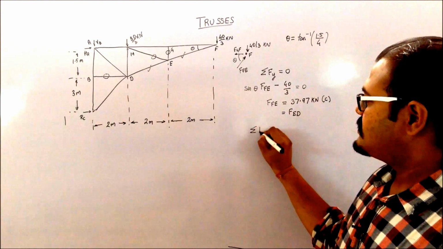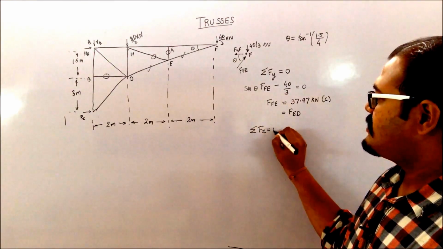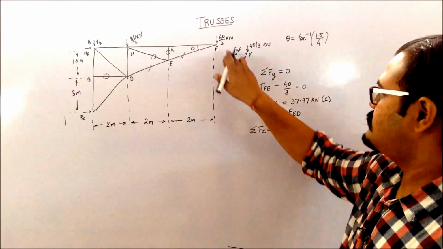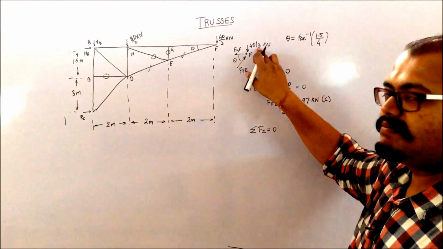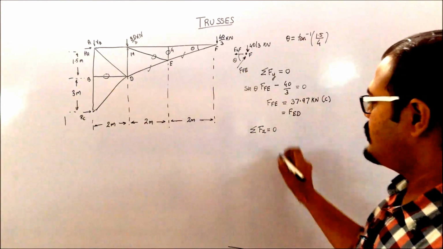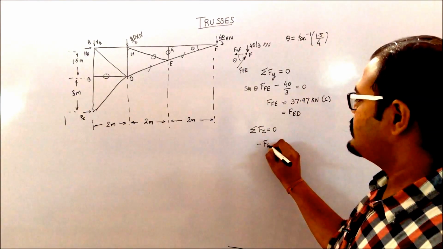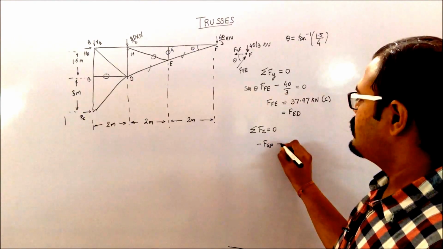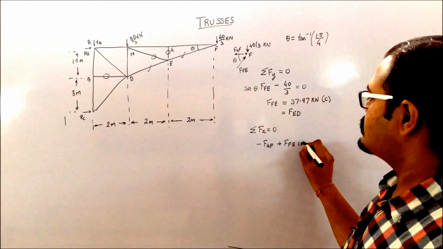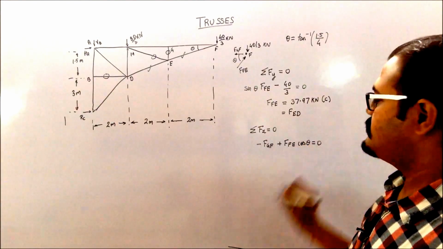Now next one is summation Fx. When I am calculating summation Fx, I will be considering these two forces only, because there is no component of this particular force in the x direction. So I will be having a negative FGF plus FFE cos theta equal to 0.